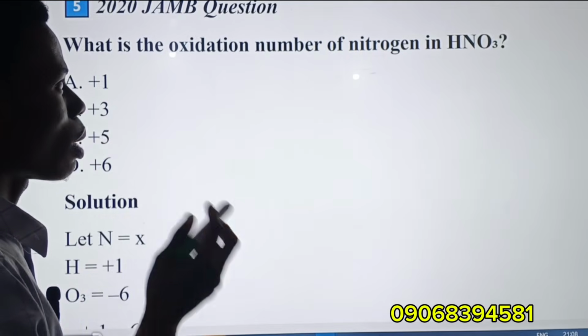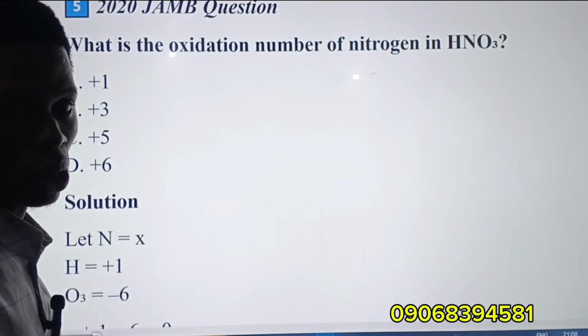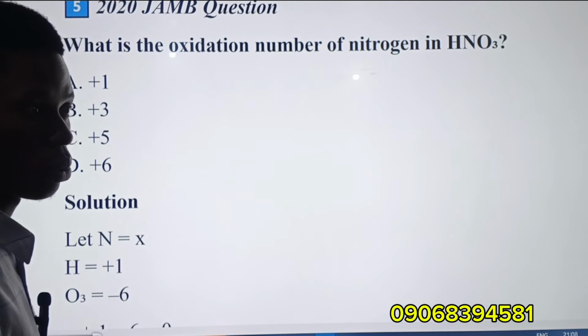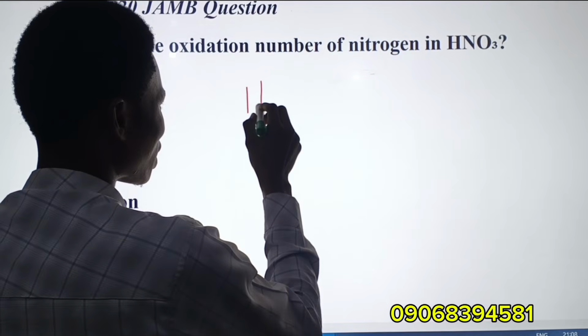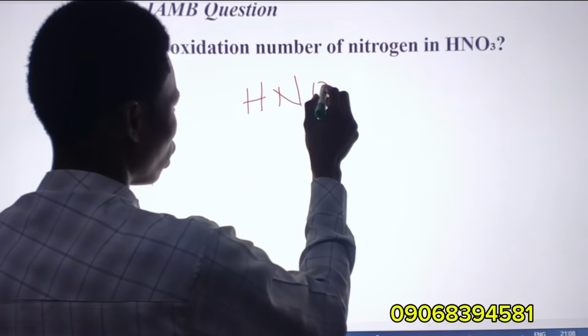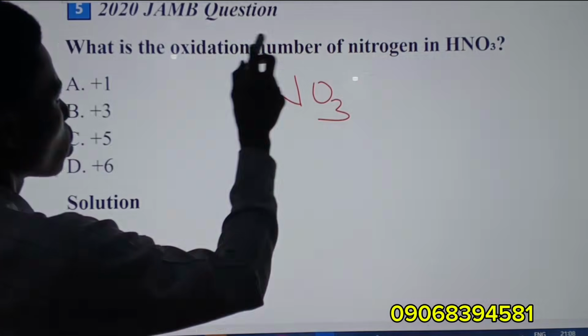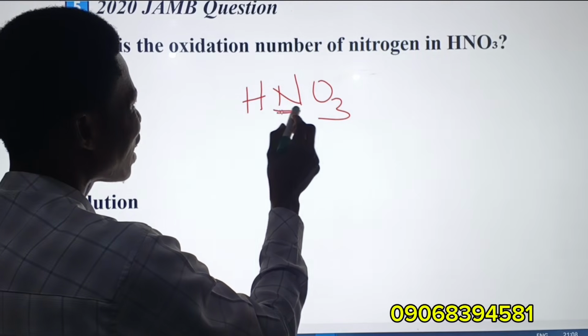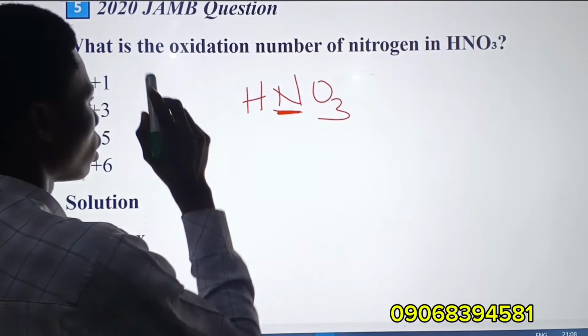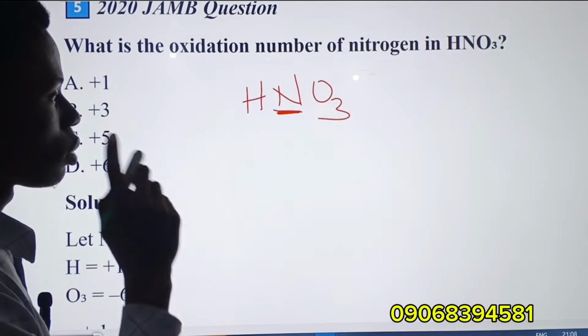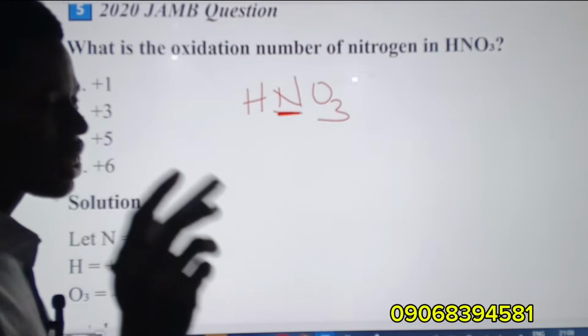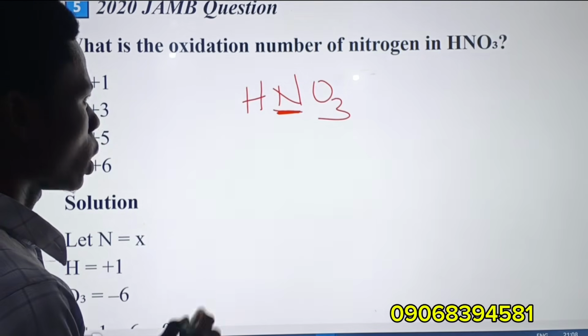Now, the good thing about this one is everybody understands it because it's the simplest thing in chemistry. We're given nitric acid, and we are asked to find the oxidation number of nitrogen. Take note of two things.